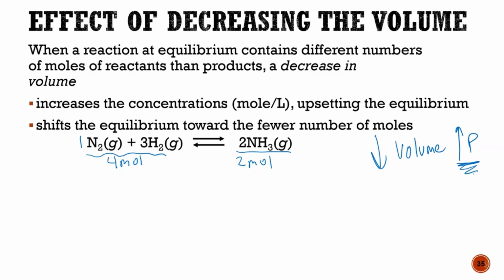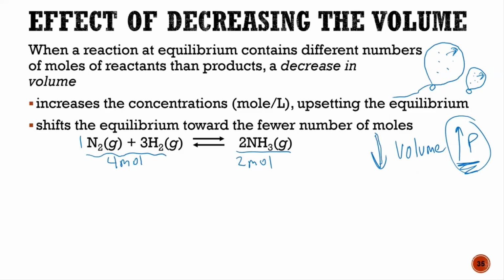Because when we talk about gas, we mentioned earlier that the identity of the gas doesn't matter. It doesn't matter what type of gas. All that matters is the number of particles and how many collisions there are, right? So if I have more particles in a container, there's going to be more collisions and more pressure. If I decrease volume, there's going to be more collisions and more pressure.